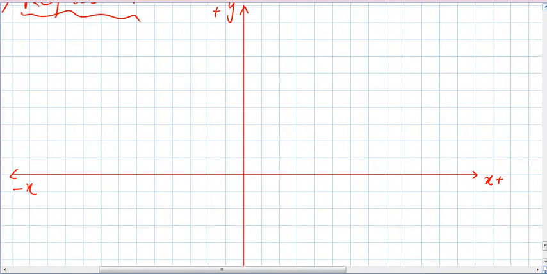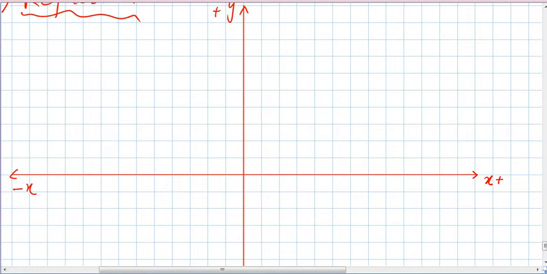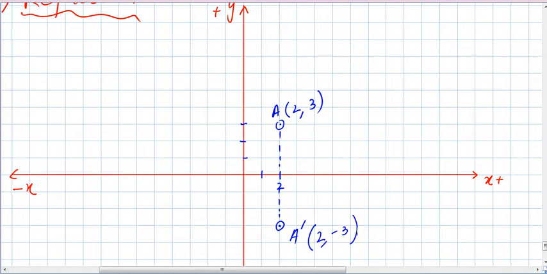For example, if a student uses a single point which has coordinates 2, 3, the point A. If I reflect this point about the x-axis like a line of reflection, so this point will move down and becomes A dash, and now the coordinates are 2, -3.